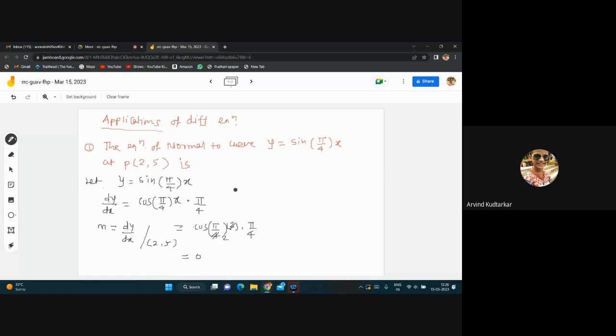So how to get the equation of normal? With slope m is equal to 0 and point 2, 5. Yes, this will be obtained by using the slope point form. And what is the slope point form? Yes. So see here, the equation of normal with slope m is equal to 0 and point 2, 5.